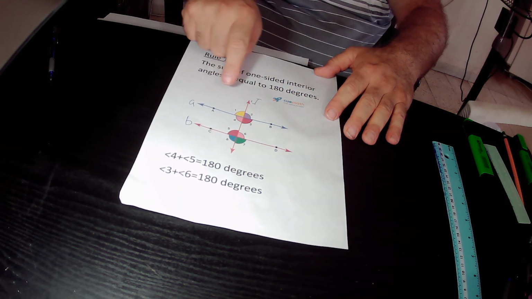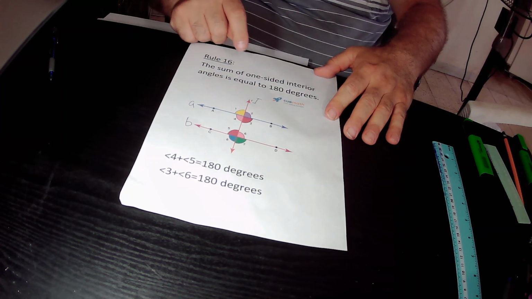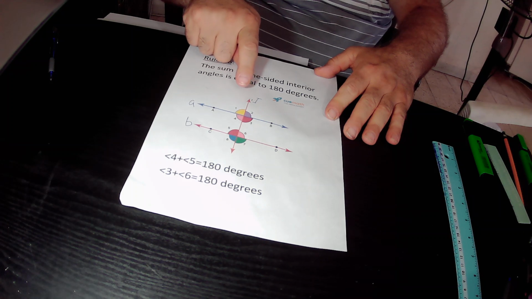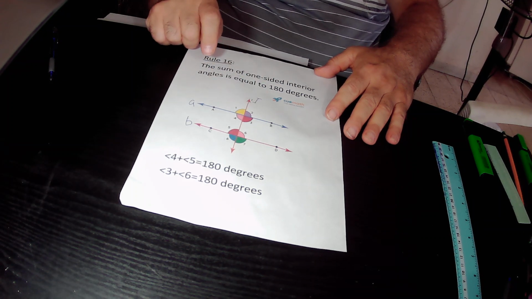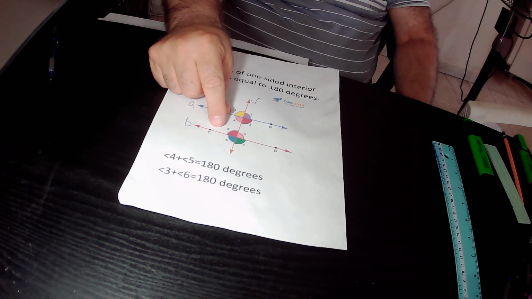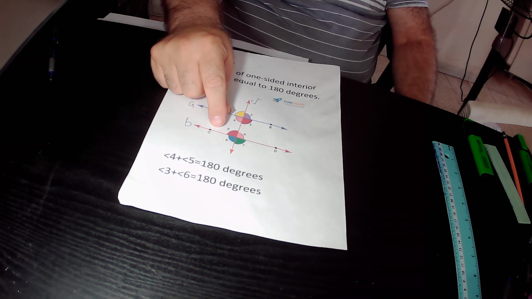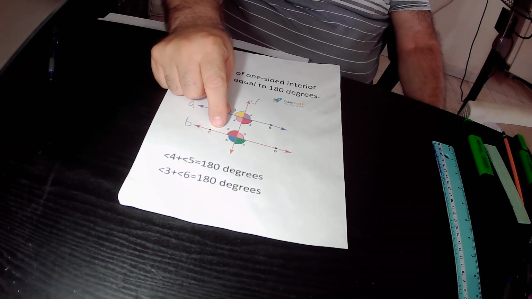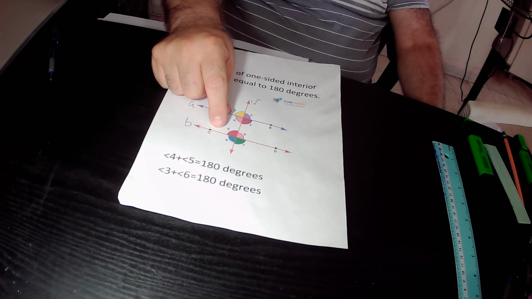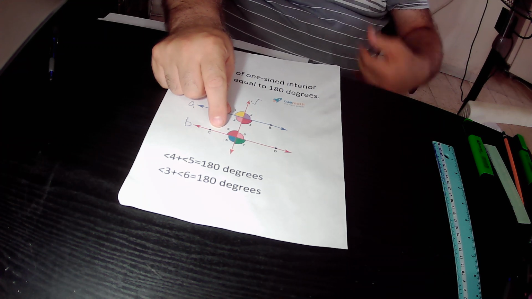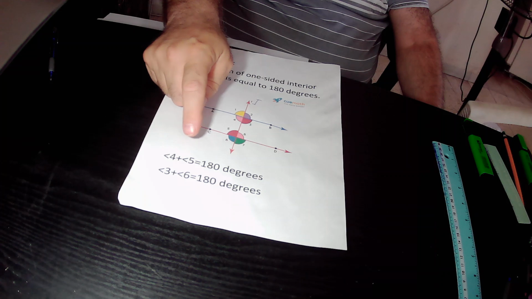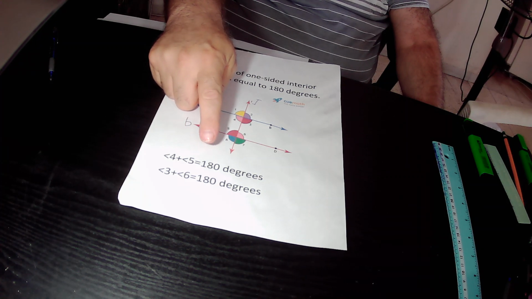That is to say, line A is parallel to line B, and line I cuts the two parallel lines A and B. Those two angles, angle 4 and angle 5, are both defined as interior one-sided angles, and according to rule 16, angle 4 plus angle 5 equals 180 degrees.